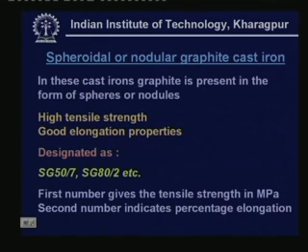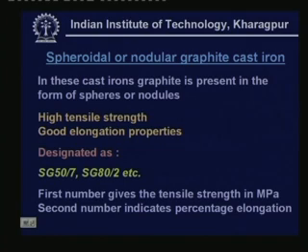Now, we come down to this spheroidal or nodular graphite cast iron. What is this? In these cast irons, graphite is present in the form of spheres or nodules.